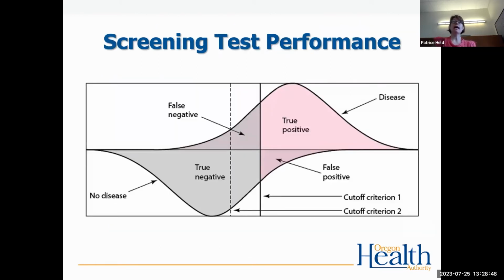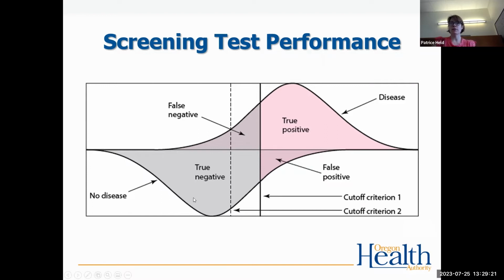So when we look at our screening test performance, we need to consider the range of analyte concentrations that we might obtain. When you think about the normal, unaffected population and the concentration of phenylalanine in those individuals, it's certainly a bell curve where some will have low concentrations of phenylalanine and some will have higher concentrations. Yet they will all be denoted as the normal population.